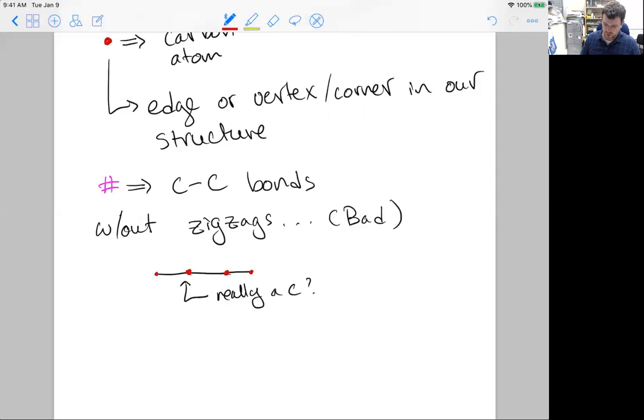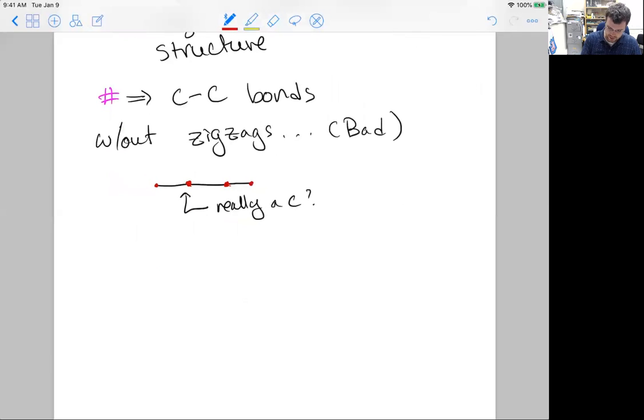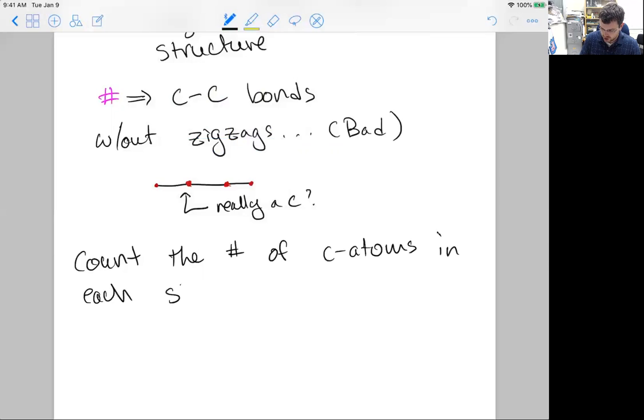So one thing we should do right away is count the number of C atoms in each structure below. So we count the number of C atoms in each structure below.